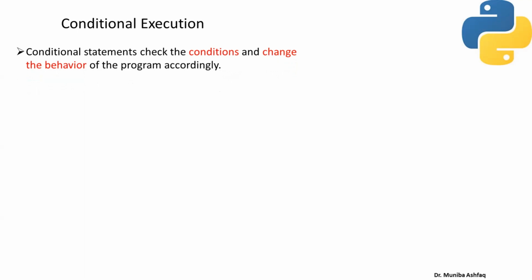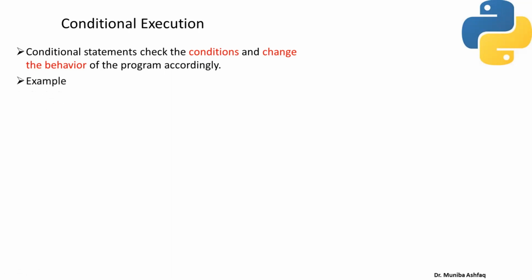And if it's false, we have to execute the other set of statements. So it actually changes the behavior of the program. Depending on the result of these Boolean expressions, the flow of control changes, it alters the sequential flow of execution.